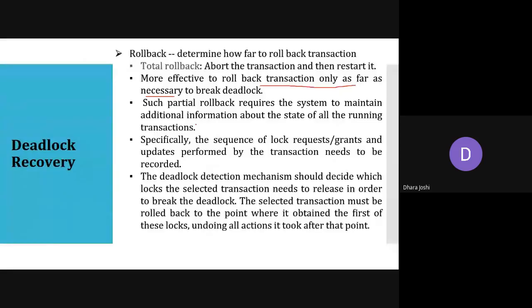The selected transaction needs to be rolled back to the point where it obtained the first of these locks. If we are having 4 data items and we are going for rollback, so हमें कहां तक जाना है, जब तक कि फर्स्ट लॉक इसने अक्वायर किया था तब तक हम सारे ही इंस्ट्रक्शन को रोल बैक करेंगे.